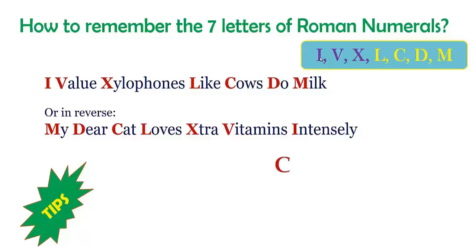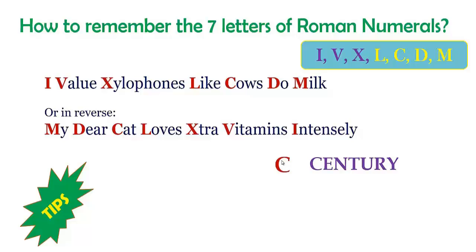The values of I, V and X are easy to remember. So I'm going to give you a few tips to remember the values of L, C, D and M. C stands for century. Have you heard this word anywhere?